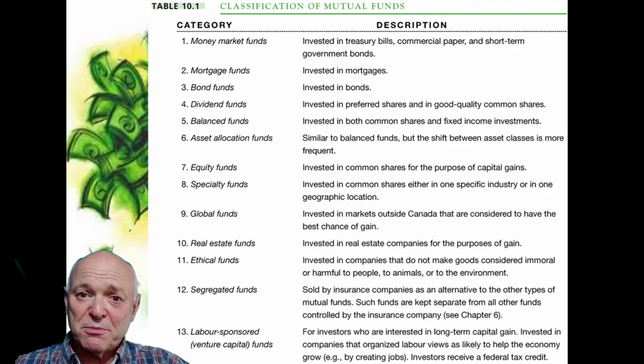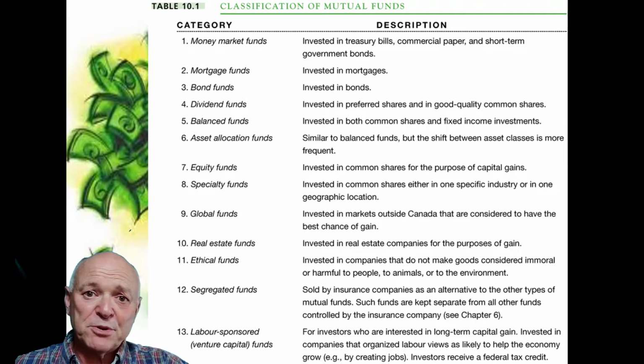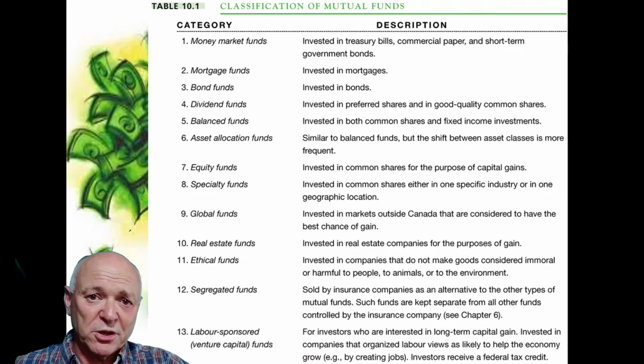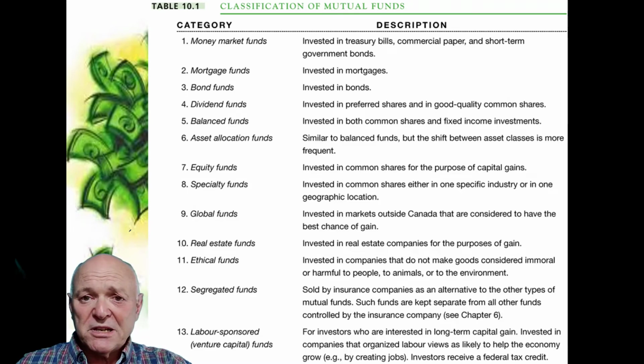Ethical funds, we'll talk about that in a second, include investing in particular types of companies that are socially responsible or non-polluting or some combination thereof. Segregated funds are mutual funds sold by insurance companies.